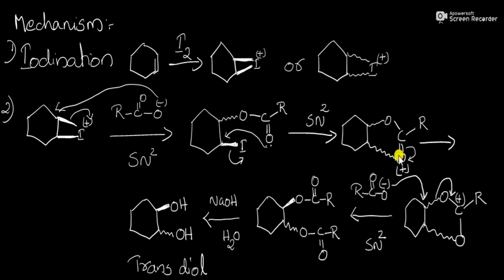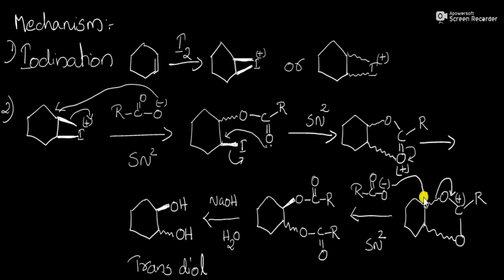And the lone pair of electrons lost for oxygen and it is getting positively charged. In the next step, double bond will shift to this oxygen and carbon getting positively charged. And that is the structure. Then it will undergo another intermolecular SN2 attack of carboxylate anion.